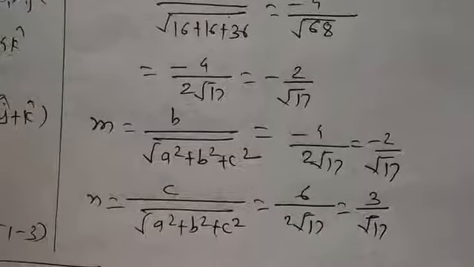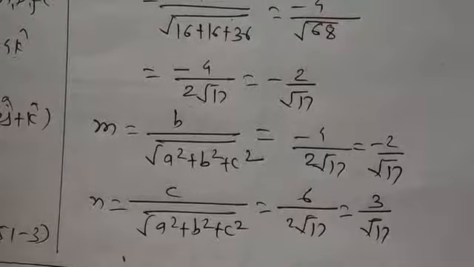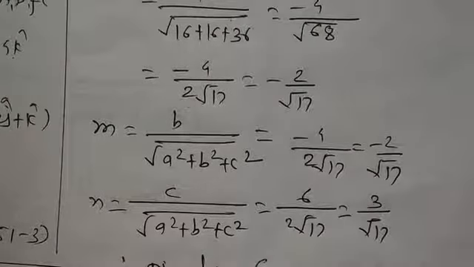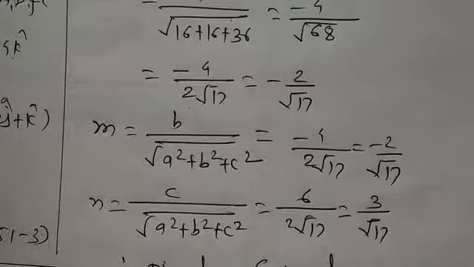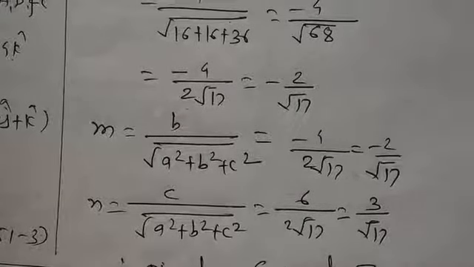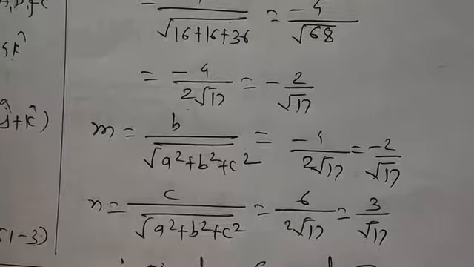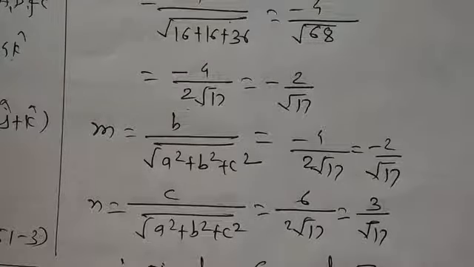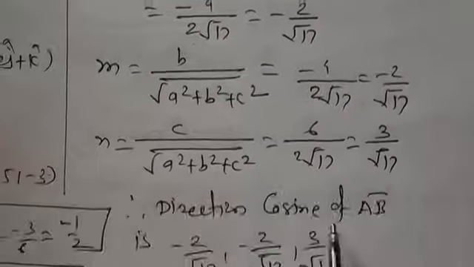Then the direction cosines of AB bar are minus 2 by root 17, minus 2 by root 17 and 3 by root 17. This is the direction cosine of AB bar.